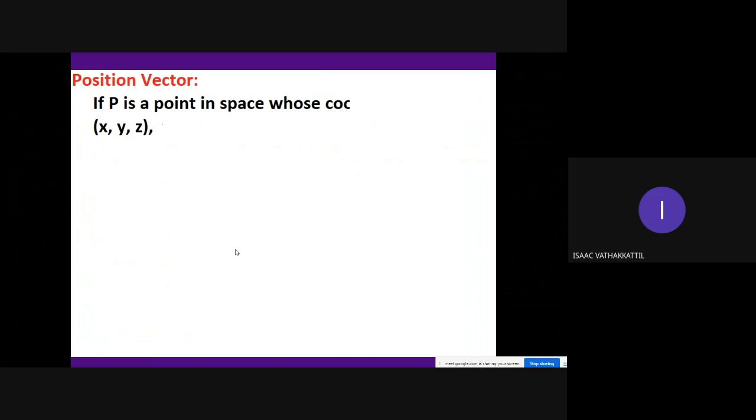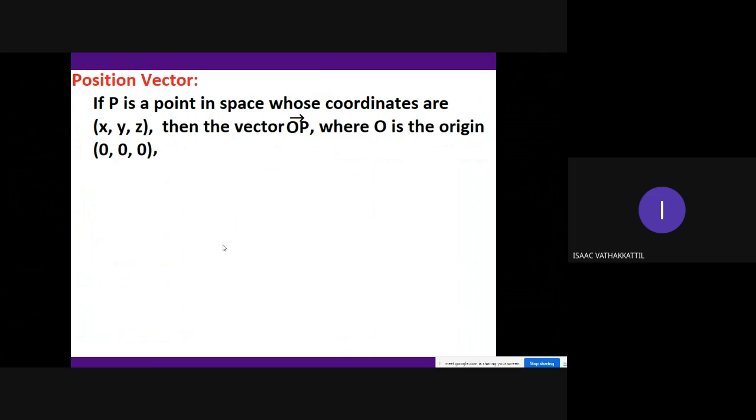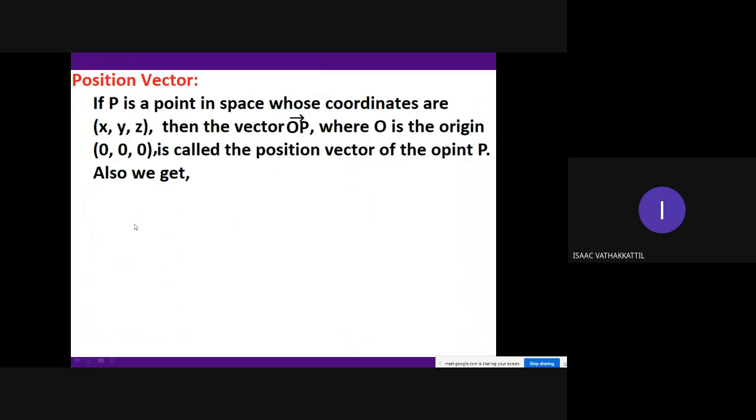Position vector. Now, suppose P is a point in space whose coordinates are x, y, z. Any point in space has three coordinates x, y, z. If P is a point in space whose coordinates are x, y, and z, then the vector OP, where O is the origin, we know O is (0,0,0), is called the position vector of P. The vector OP is called the position vector of P. Also, we get the length OP by the distance formula, square root of x squared plus y squared plus z squared.